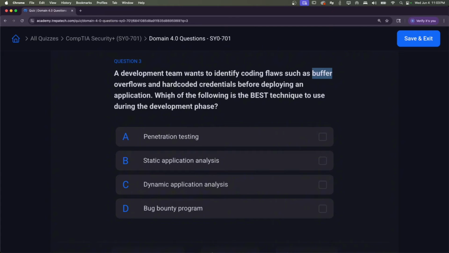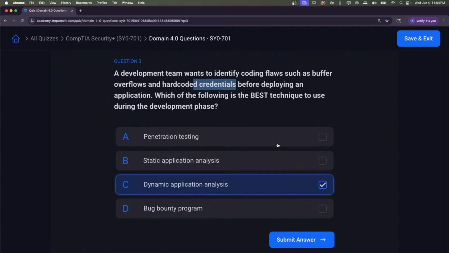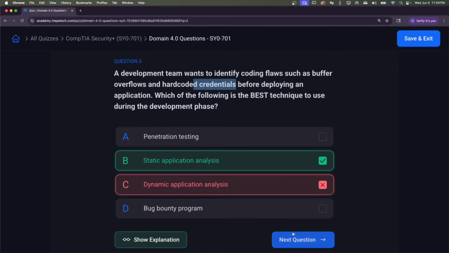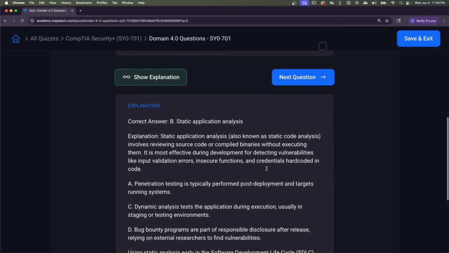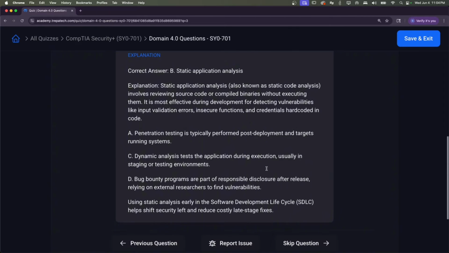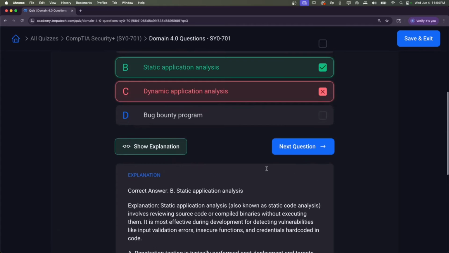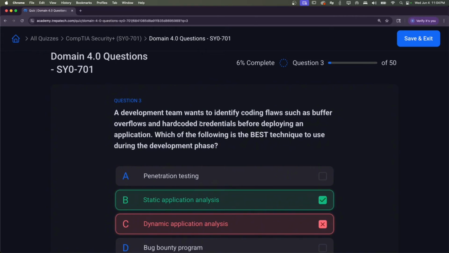Coding flaws such as buffer overflow and hard-coded credentials. I'm going to go with dynamic application analysis. And okay. Yeah, let's see here. I do not like this question at all. So let me go over this again.